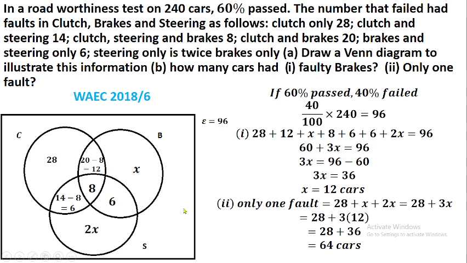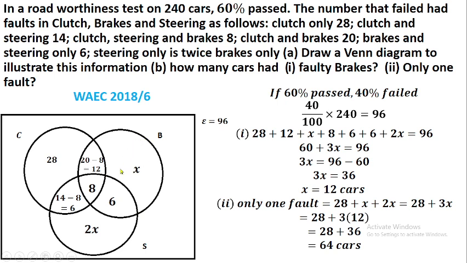You have 6 there. Then steering only is twice brake. I hope you understand that. This is another word problem included in that question. Steering only is twice brake, 2 times brake. But we don't know brake only.